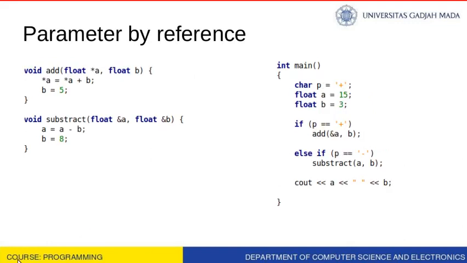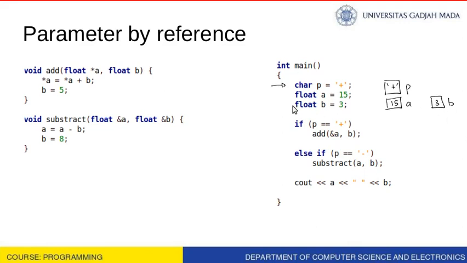Then the second type of parameters in C++ is parameter by reference. So what is parameter by reference? Let us look at this example. In the first program execution, we define memory allocation P with the value plus, and then we have memory allocation A with 15 and memory allocation B with 3.